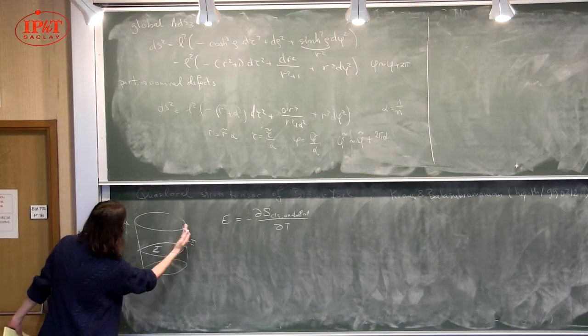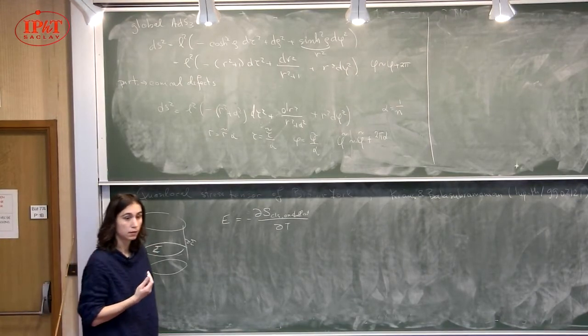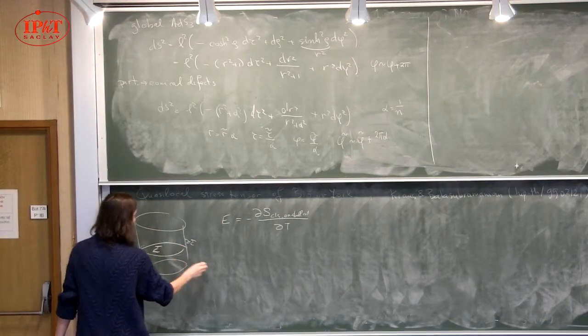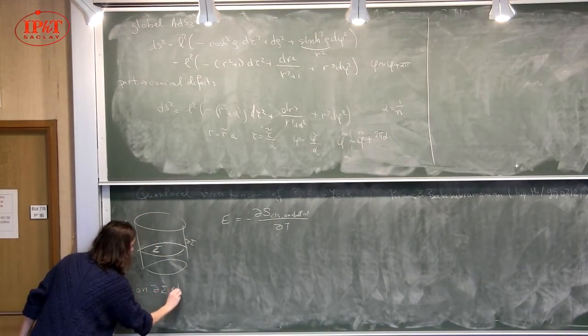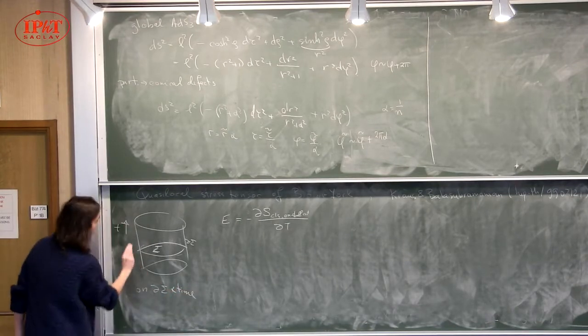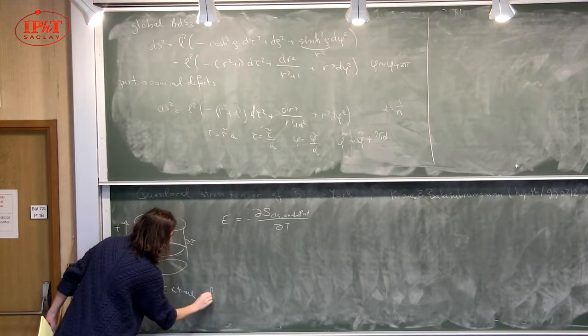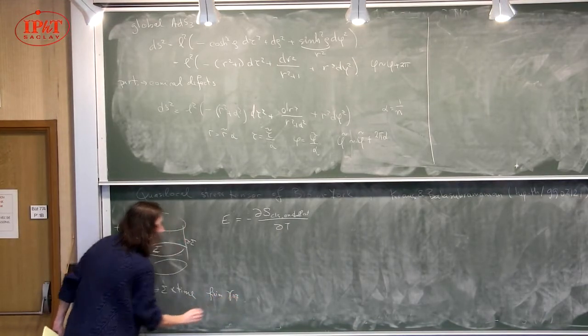On the walls of the box, they're fixing the boundary conditions for the metric. On delta sigma times time, which is the boundary of this box, they're fixing the metric, which I'm going to call gamma alpha beta.